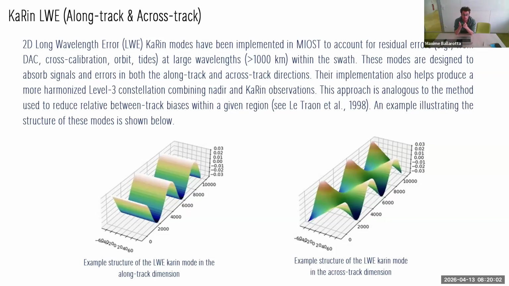This mode has been implemented to account for residual error that could persist in the level 3 Karin dataset. This residual error could come from imperfection in the corrections applied on the level 3 dataset, such as the dynamic atmospheric correction, or from the calibration, orbit error, tides, etc. It's a signal that has a typical scale larger than 1,000 kilometers along track.